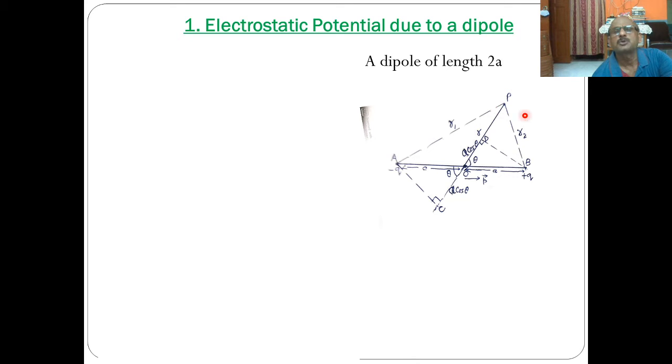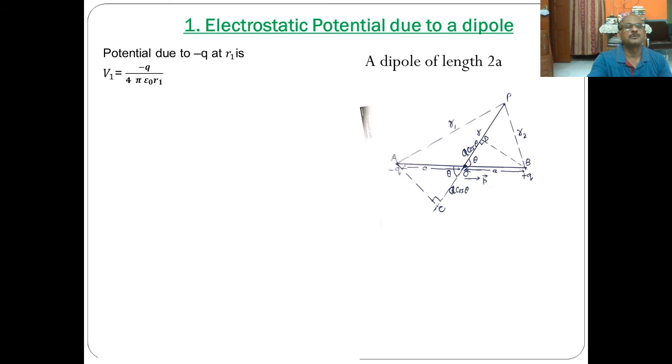So the total potential at P will be the algebraic sum of the potential due to negative charge and positive charge. So electrostatic potential at P due to minus q, let its value be V1, will be equal to minus q by 4 pi epsilon naught r1.